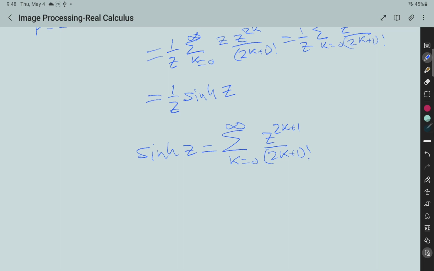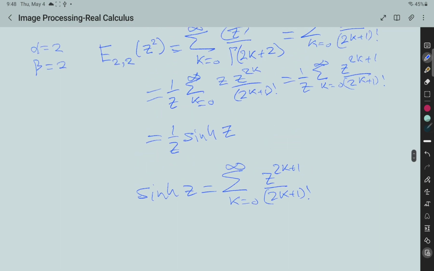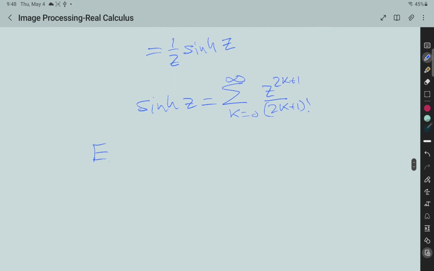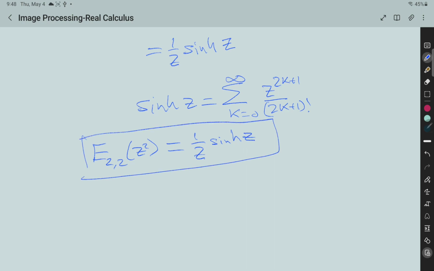So there we have it. The Mittag-Leffler function E 2 comma 2 of z squared is equal to 1 over z times the hyperbolic sine of z. So essentially you could write trig functions in terms of the Mittag-Leffler functions.